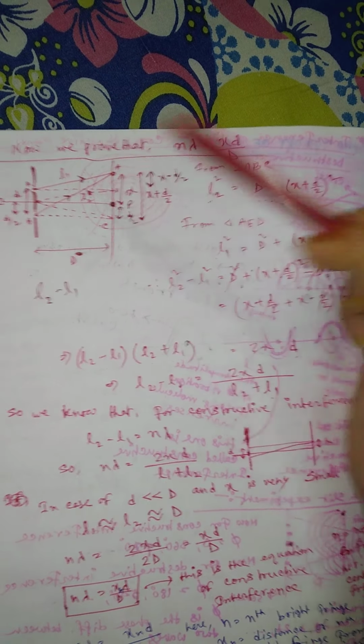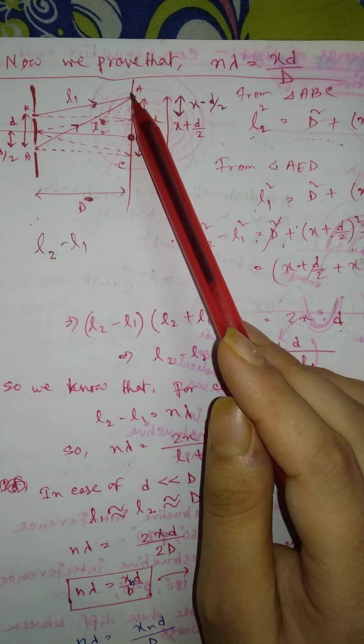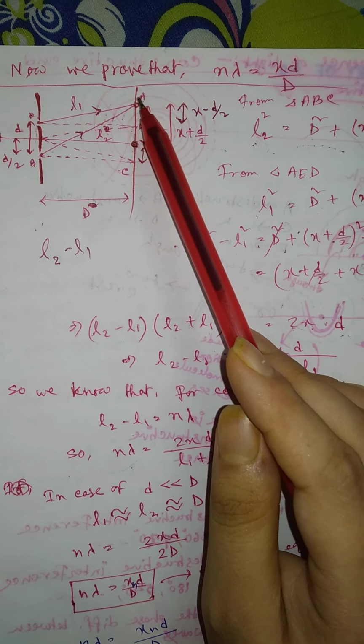So nλ, what is nλ? Here if we want to get a bright fringe at point P, that means if the interference at point P is constructive, then we can get a bright fringe.